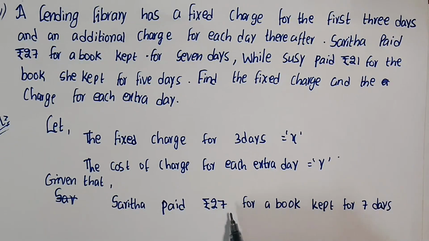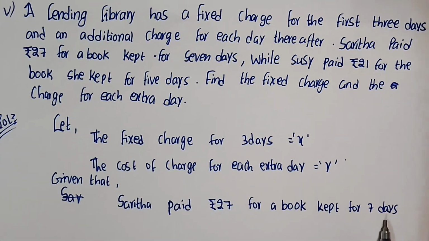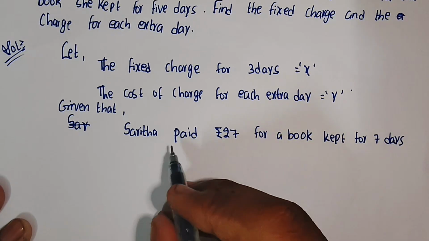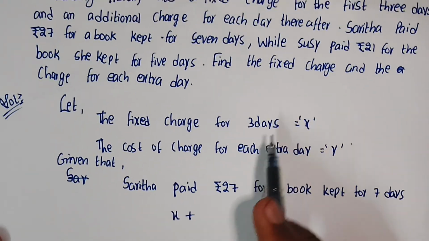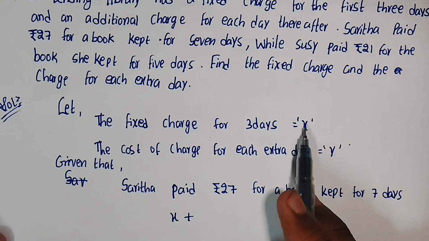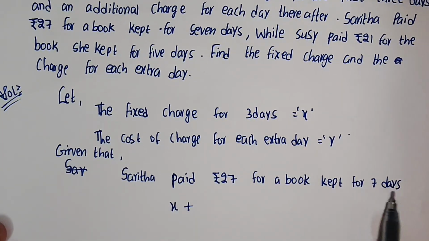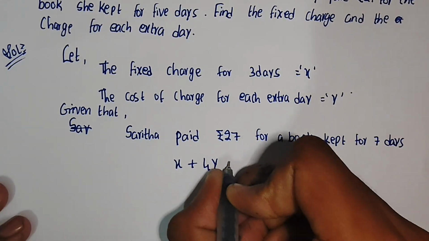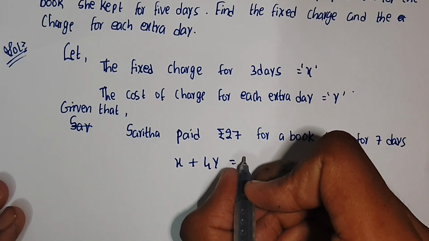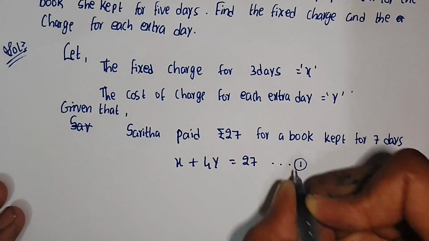Sarita paid ₹27 to the learning library for a book kept for 7 days. So here x plus, they said the fixed charge for 3 days is x. So remove the 3 days from the 7 days. So 4 days. So 4 into y, 4y equals 27. I am taking that as equation 1.